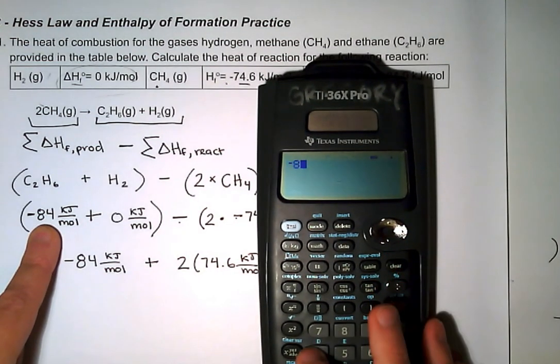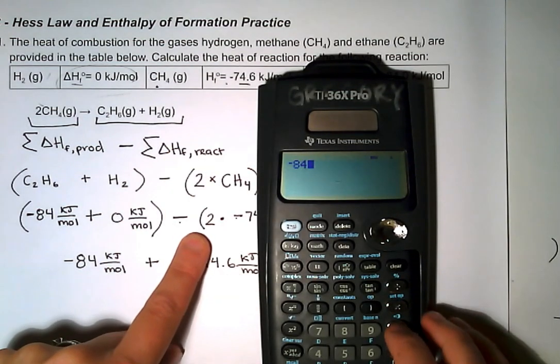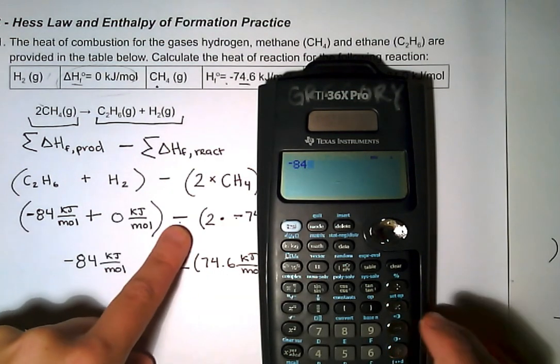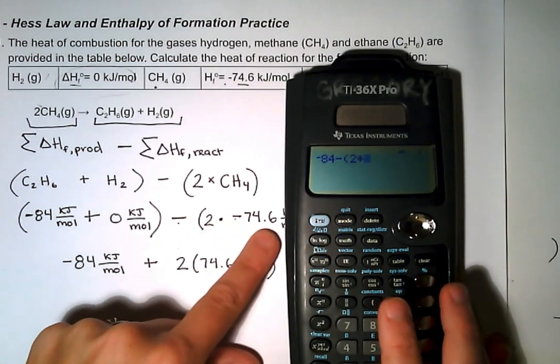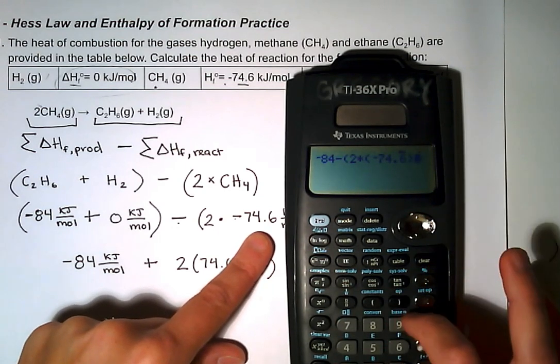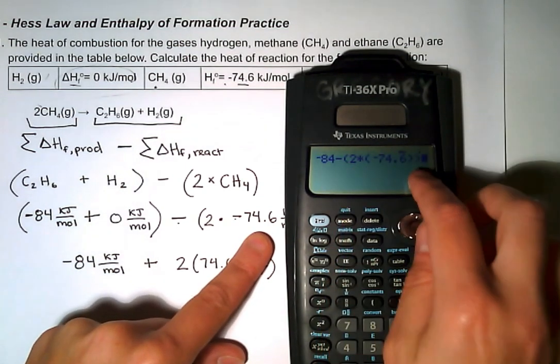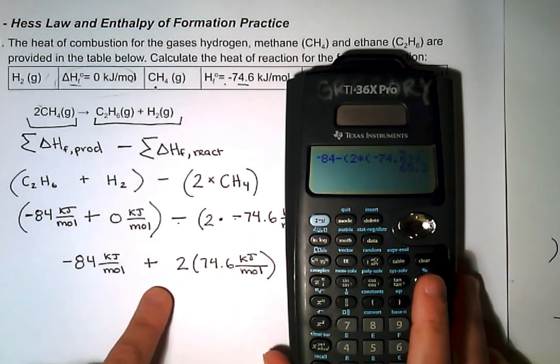Negative 84, and I don't need to put plus 0. That's my whole first part. Then minus 2 times negative 74.6. I'm going to put my negative 74.6 in parentheses, and then close my 2 times that parentheses, hit enter, and I got 65.2.